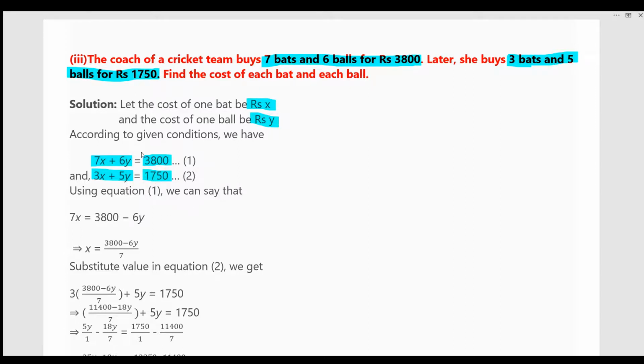Now from this first equation, I will write X as 3,800 minus 6y divided by 7. So this is my value of X which I got from equation 1. Now this value of X I will substitute in equation number 2.